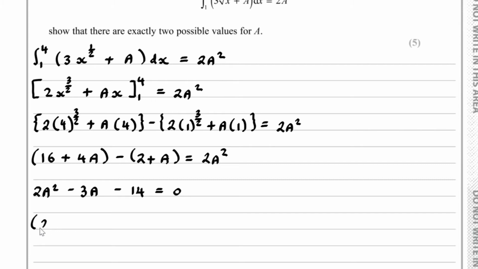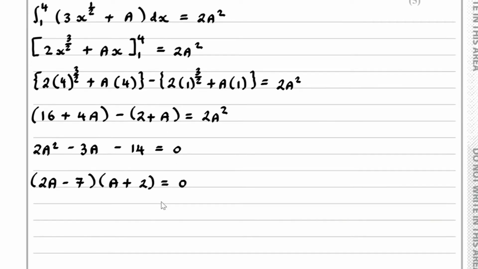Factorising, 2a minus 7 lots of a plus 2 equals 0, from which we can conclude a is either equal to 7 over 2 or minus 2.